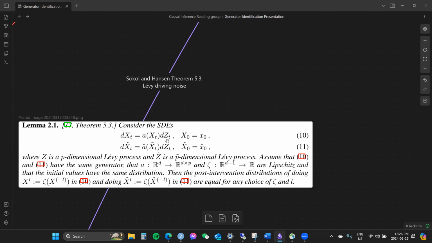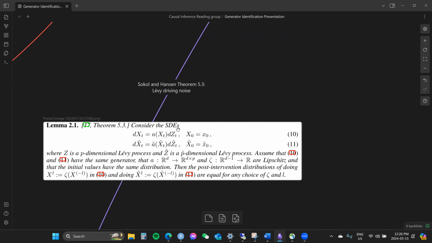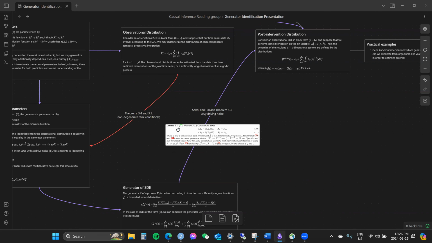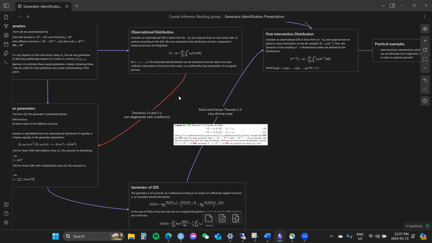Because both the multiplicative noise model and the additive noise model follow this, since they just use Brownian motion, that means that if you get the generator, then you get the post-intervention distribution.